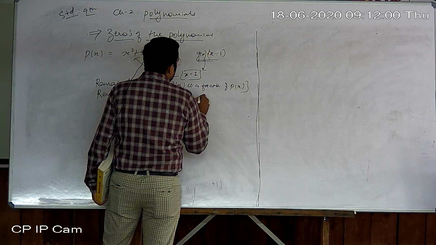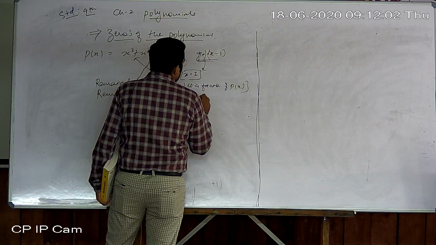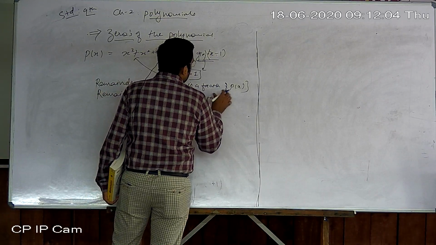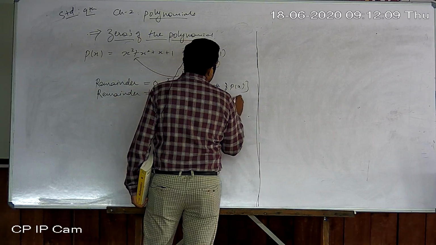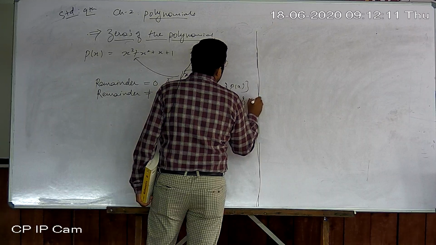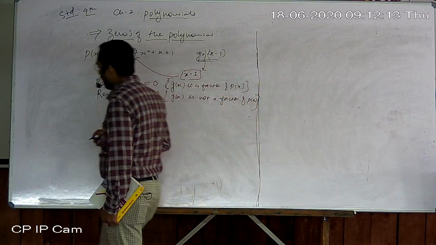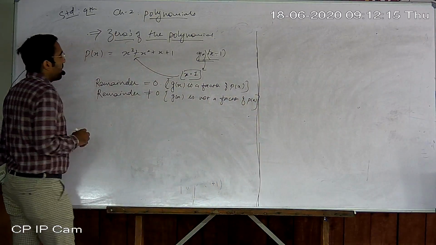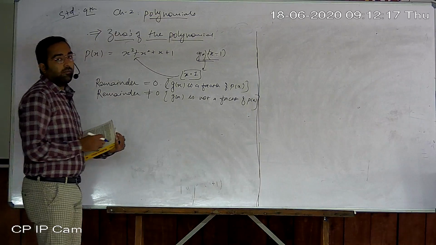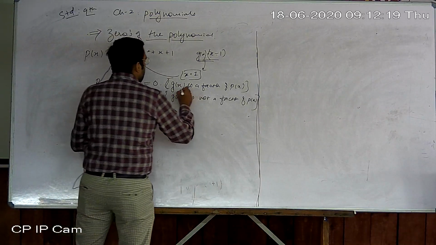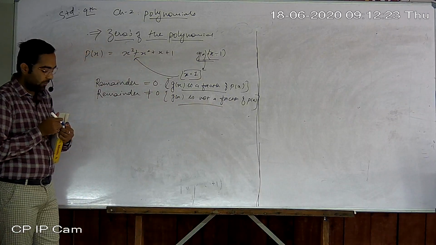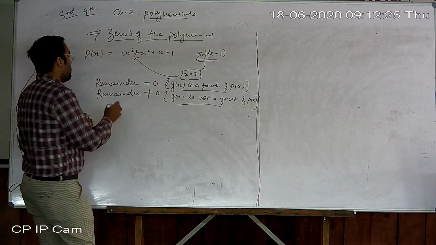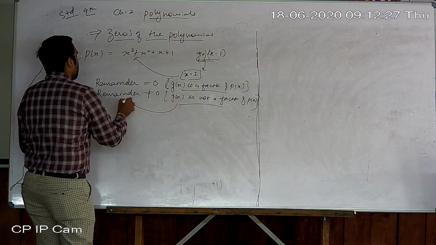We write that g of x is not a factor of p of x. Okay, so we already learned the factor theorem to check whether g of x is a factor or not of the p of x using remainder theorem.